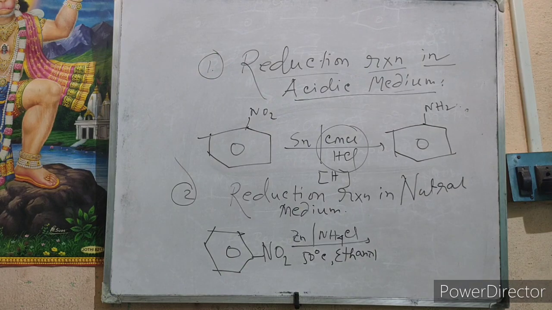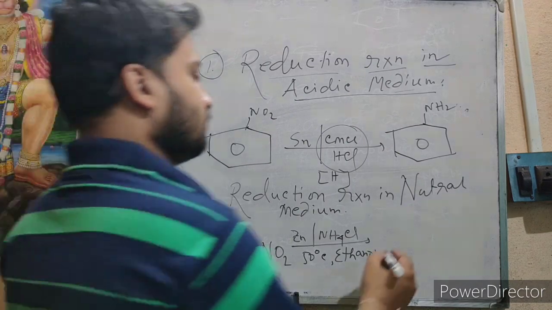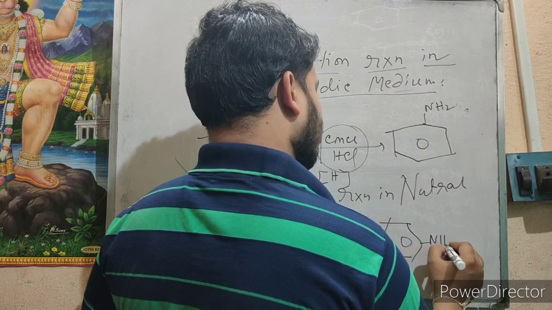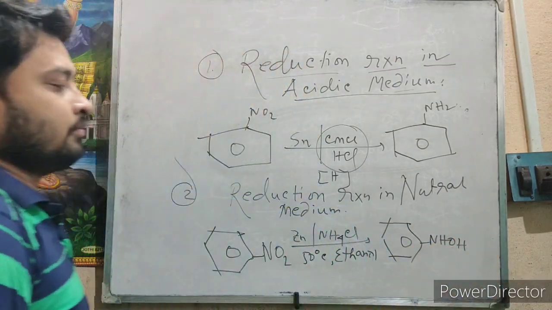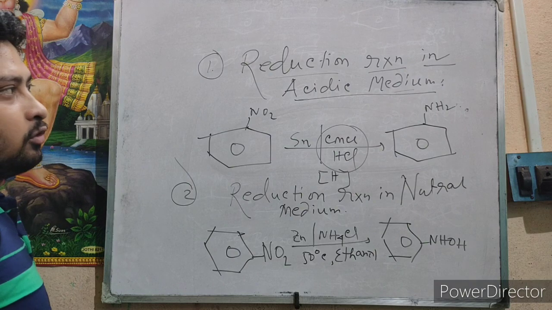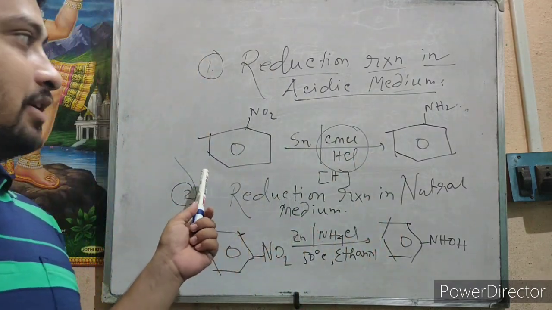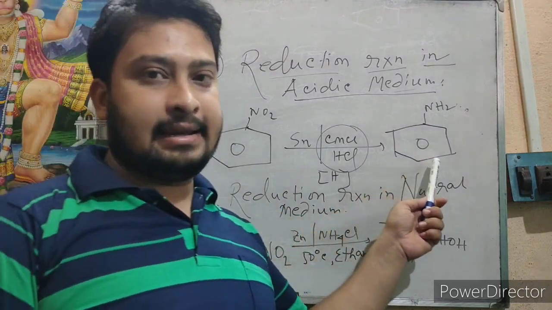The product will be NHOH. So if you take acidic medium for nitrobenzene, you get aniline.